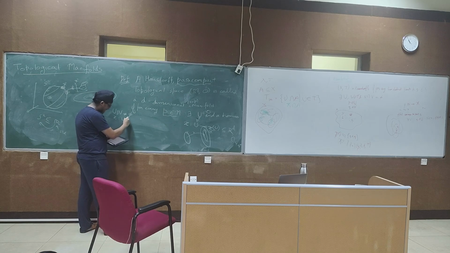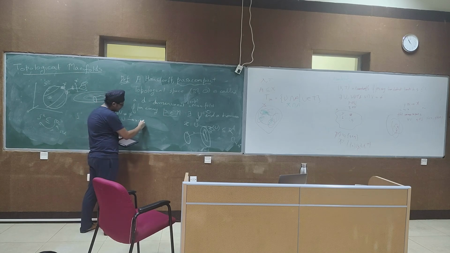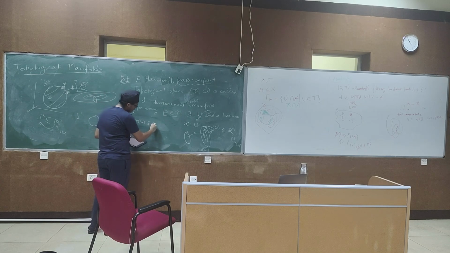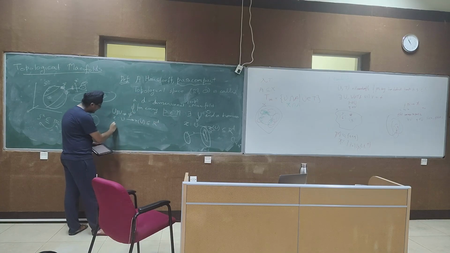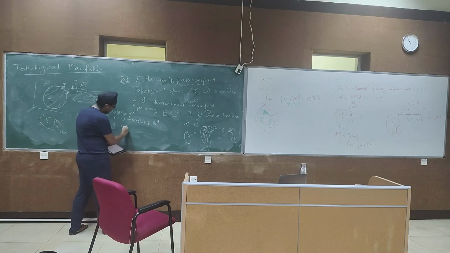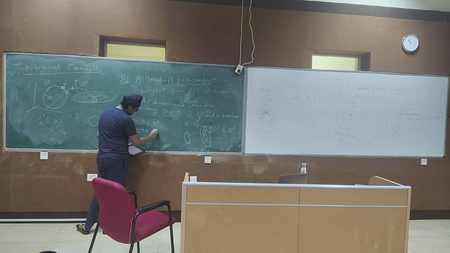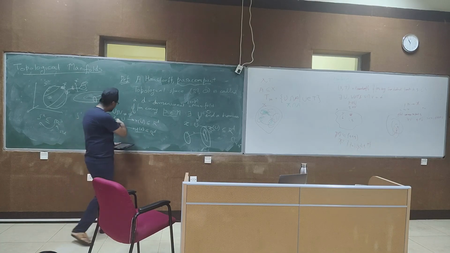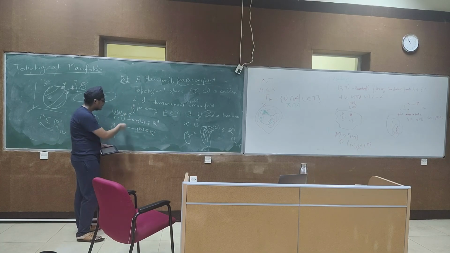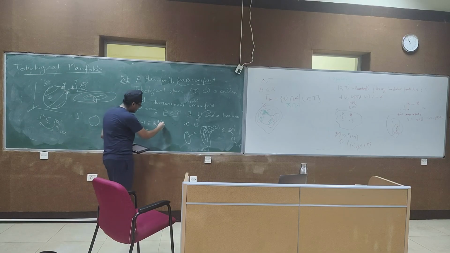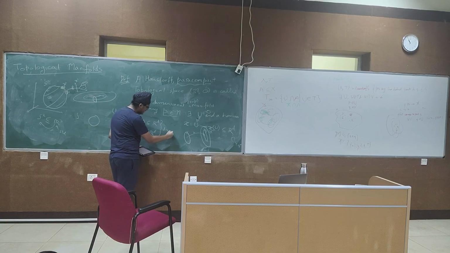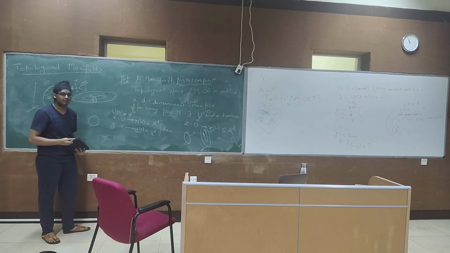So the map X from U to X of U, which is a subset of R^D, and Y from V to Y of V, which is a subset of R^D'. From here, as the intersection is not empty, we can immediately see that D must be equal to D'. So the dimension of a manifold is always well defined.